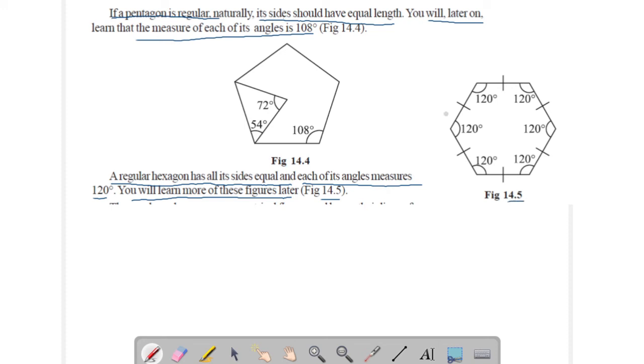First figure is a pentagon. Here all its sides are equal, that is, it has 5 sides and they are equal, and each corner angle is 108 degrees. In a hexagon, there are 6 sides and all the 6 sides are equal, and each angle is 120 degrees. Therefore, it is a regular hexagon.